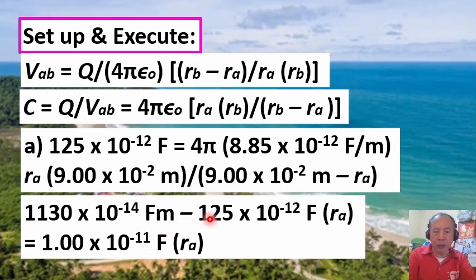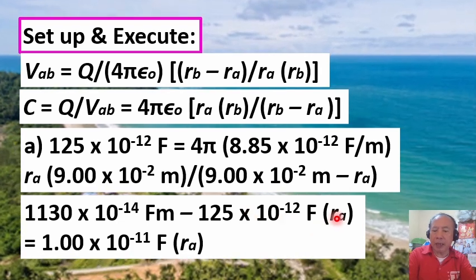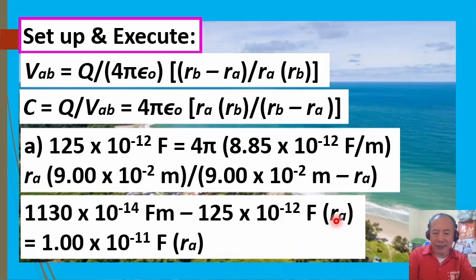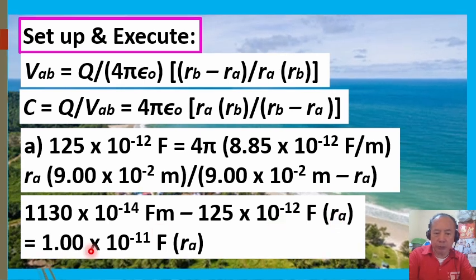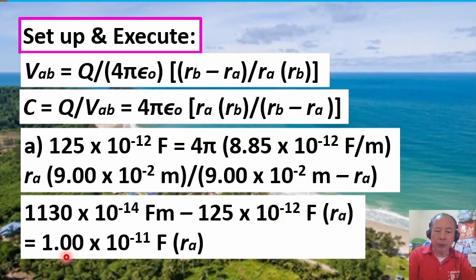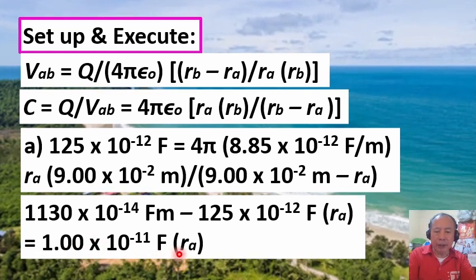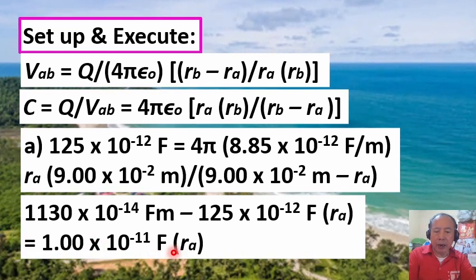And then minus 125 times 10 to the negative 12 farad times R sub A. Then equated to 1.00 times 10 to the negative 11 farad RA.